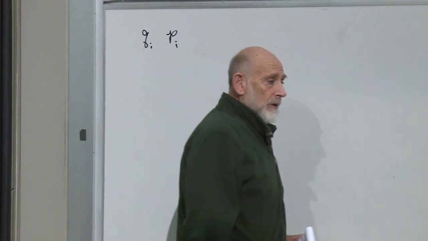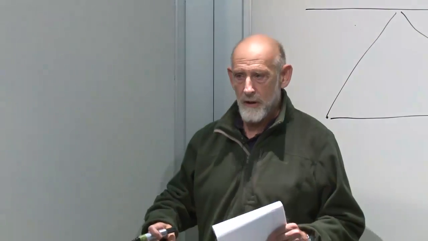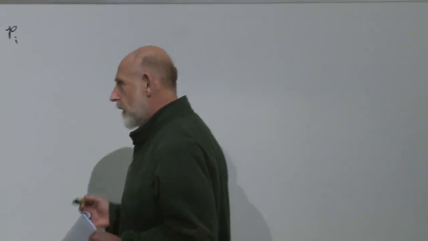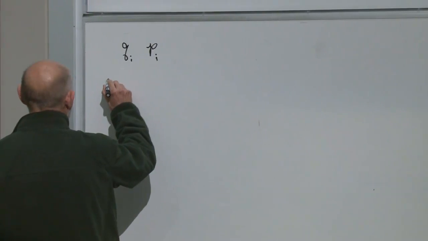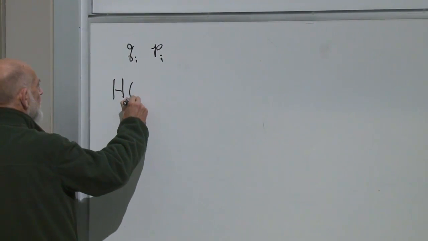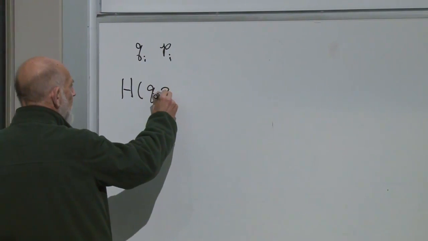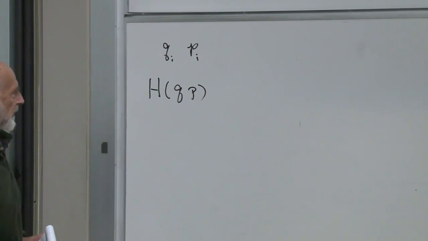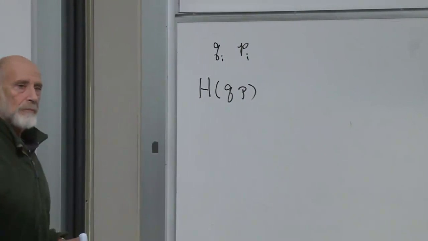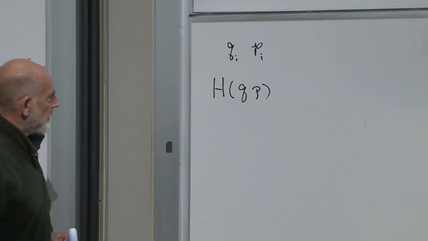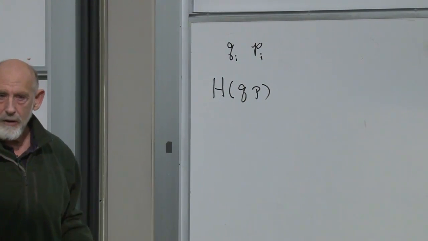And in Hamiltonian mechanics, the laws, or the law of nature, or the collection of equations of motion, are packaged in the form of a Hamiltonian function of the Q's and P's. H of Q and P. I won't bother writing little indices unless I need them. H of Q and P is the basic object of the theory. And how is it connected to the equations of motion?